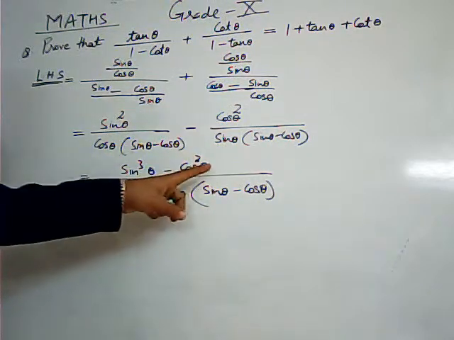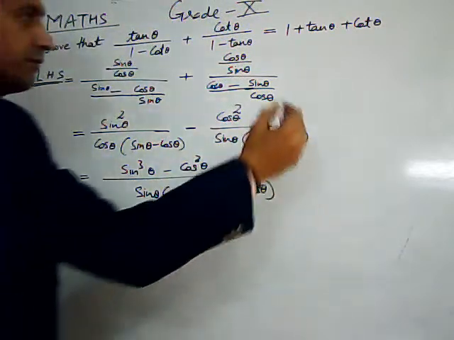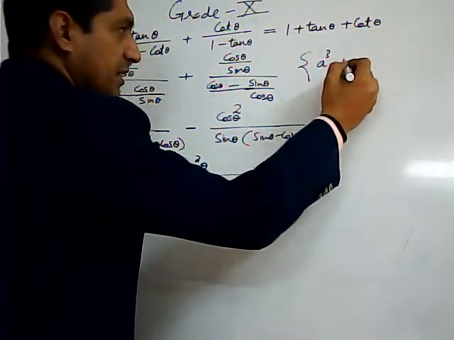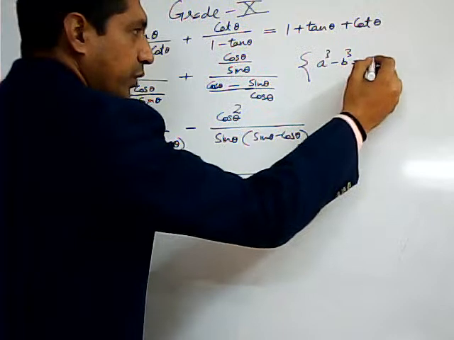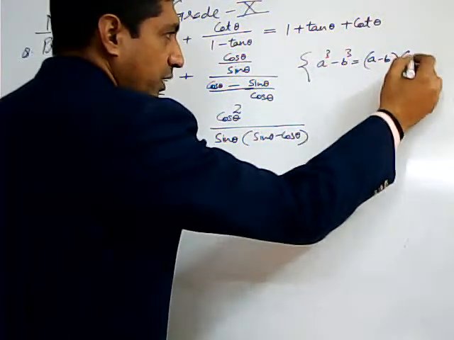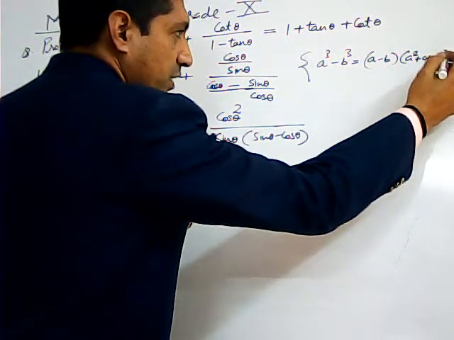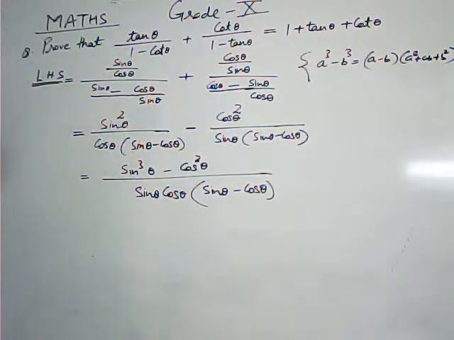Sine cube, so here we can use this property: a cube minus b cube is equal to a minus b into a square plus ab plus b square, right? We can use this property here, right?